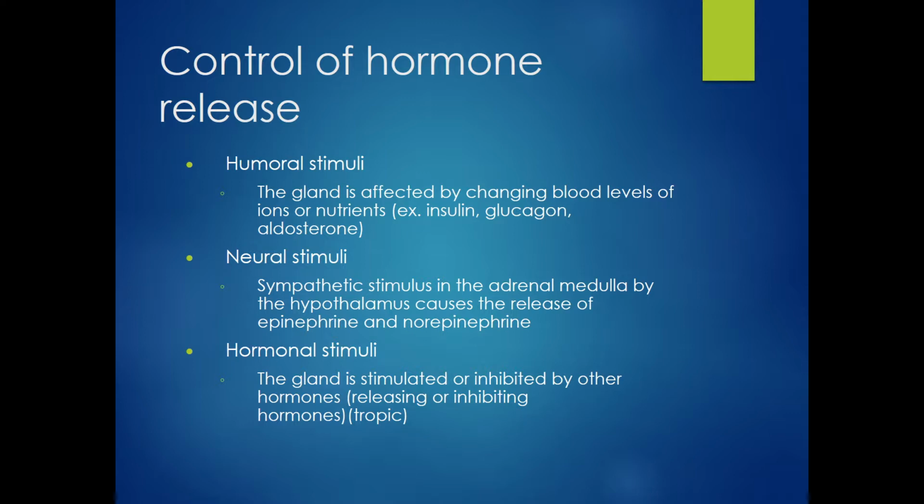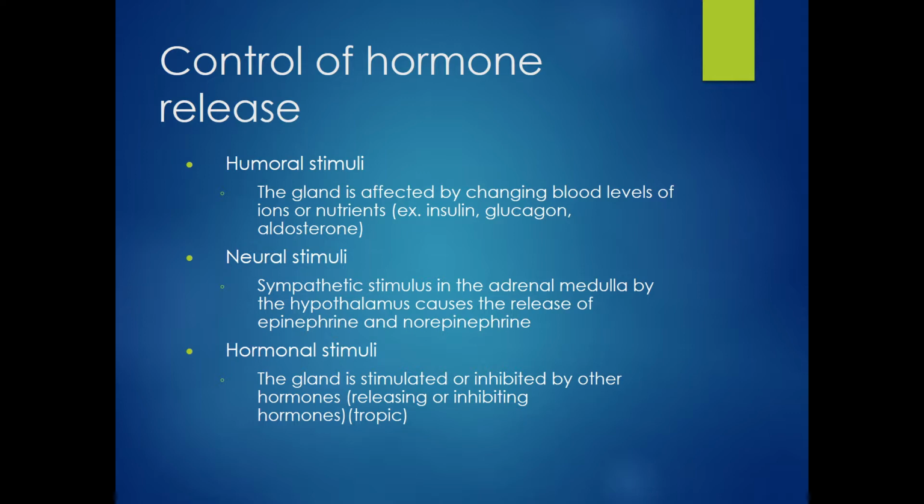And then the last one is the hormonal stimuli. These are tropic hormones, and they in turn stimulate or inhibit glands, like the action of the hypothalamus on the pituitary, and the action of the pituitary on the thyroid and the gonads.